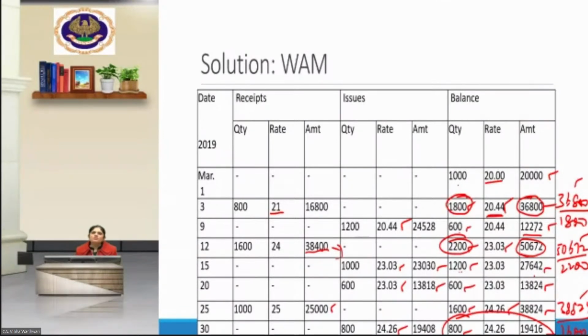Weighted average rate is used only when there are huge variations in the quantity or the quality purchased. Then weighted average method is most suitable because it dilutes the difference between the rates. All right.